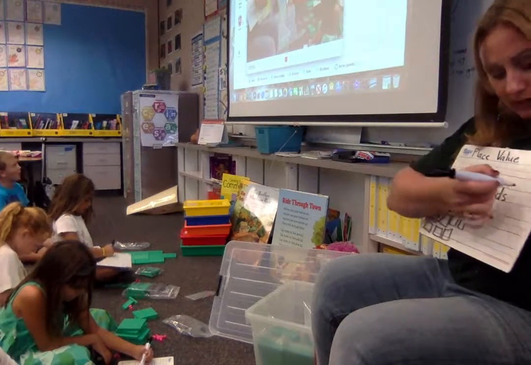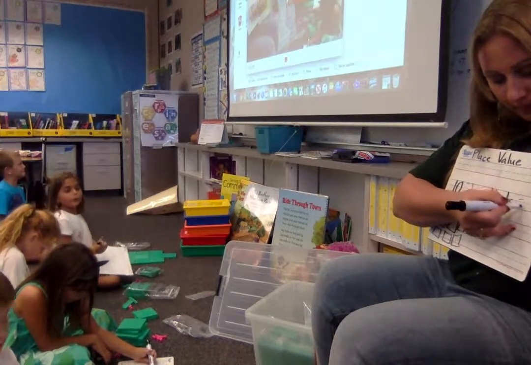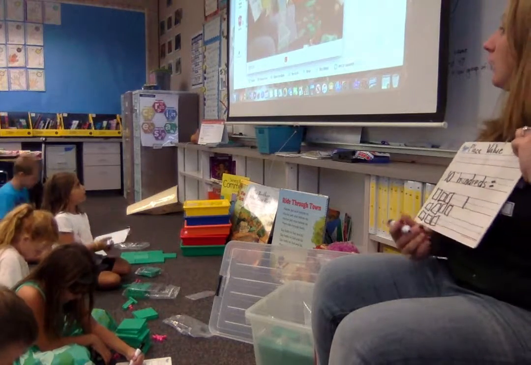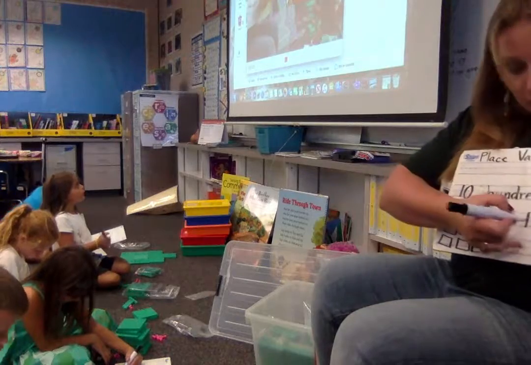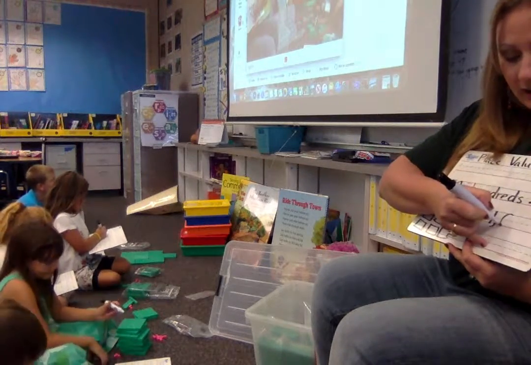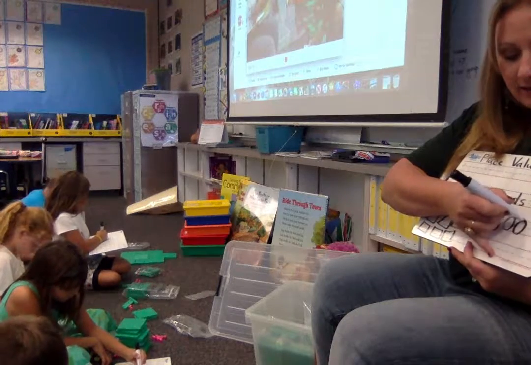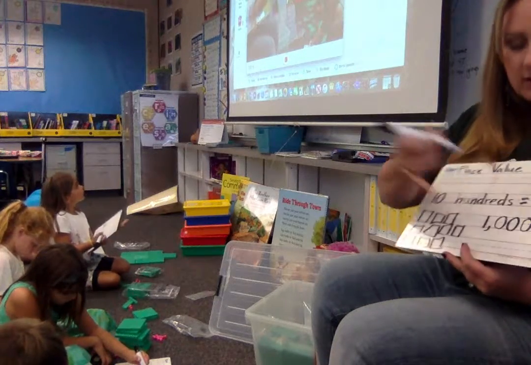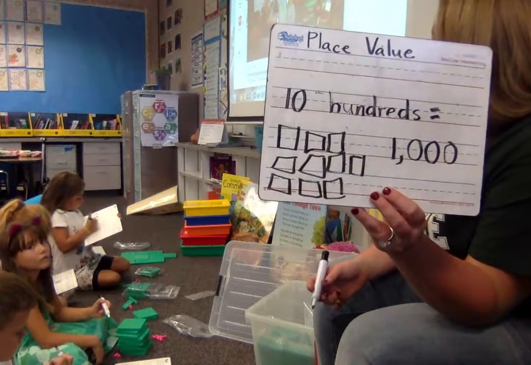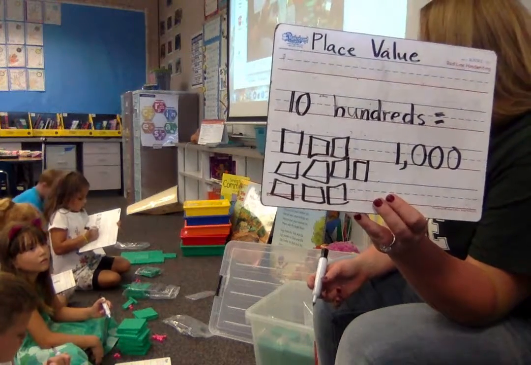So 10 hundreds equals 1,000. So when I write thousands, I do put a comma. I have 0 in my hundreds, 0 in my tens, and 0 in my ones. That is how we would draw 100, is just a plain square.